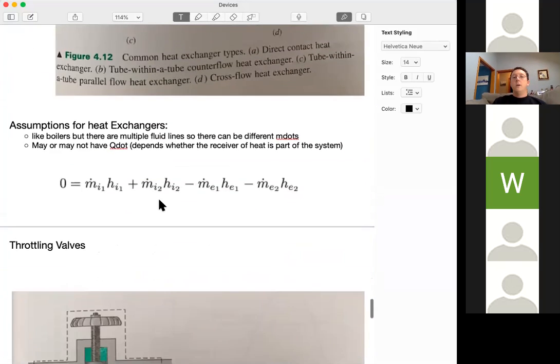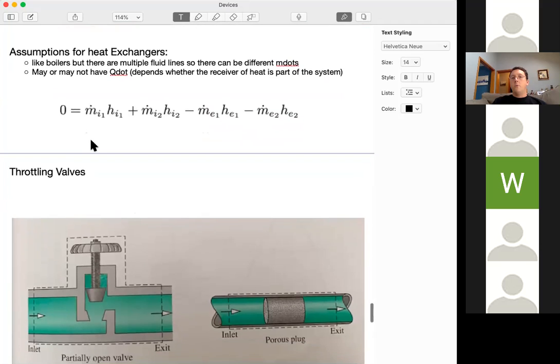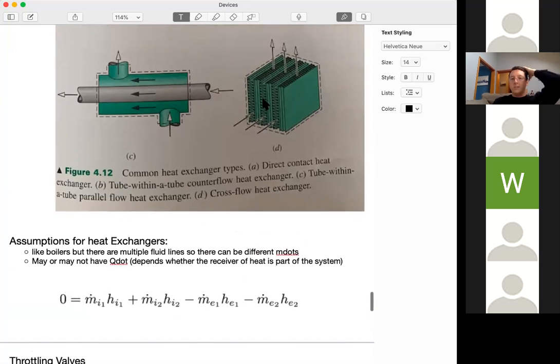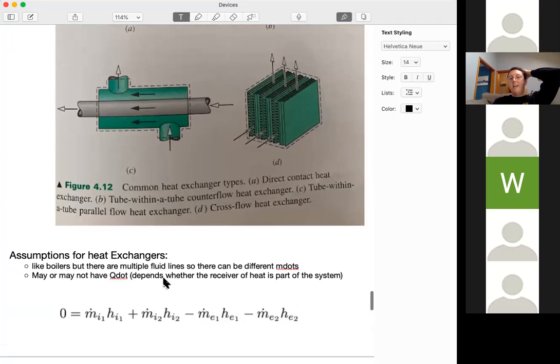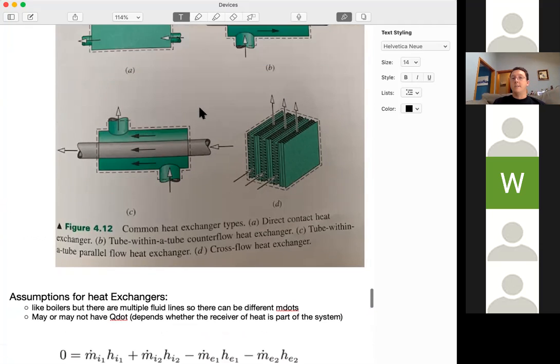I should also have said that you make basically the same assumptions you would make for a boiler or condenser, in particular constant pressure. So you would assume the pressure is constant along the gray line or the green line. It doesn't have to be the same between them, but you would assume along each separate pipe it is constant.